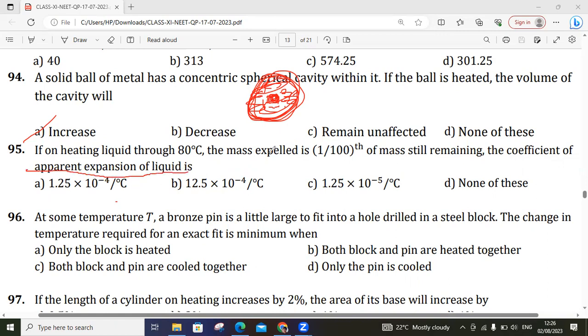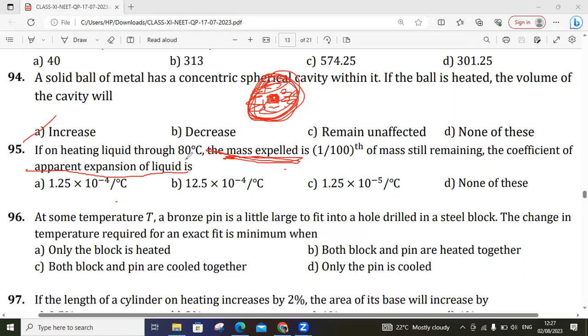So here, how much is spilled, that is the apparent expansion of liquid. It appears that the liquid has expanded that much. But actually, not only that much is the expansion. Real expansion is mass expelled plus expansion of the vessel also.